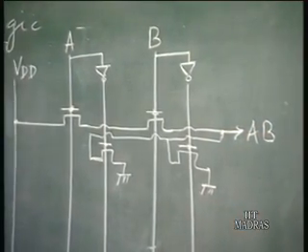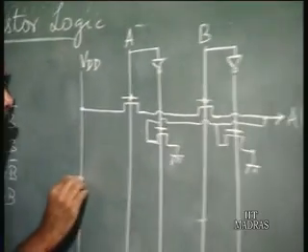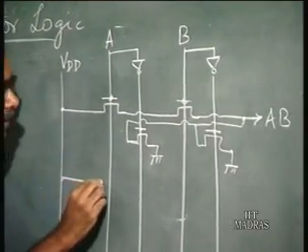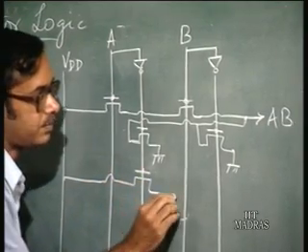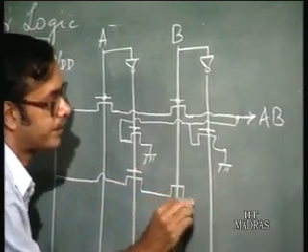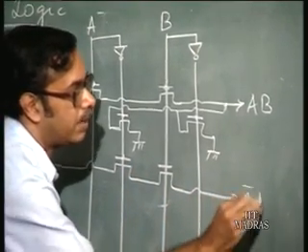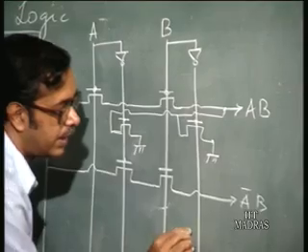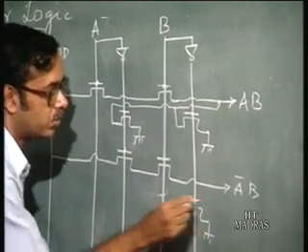Similarly, you can have other combinations. For example, A bar B. So this is VDD here. If you have A bar B, you put it like this. This is A bar B. Again, you must ensure that for the other cases, the output voltage goes to ground.